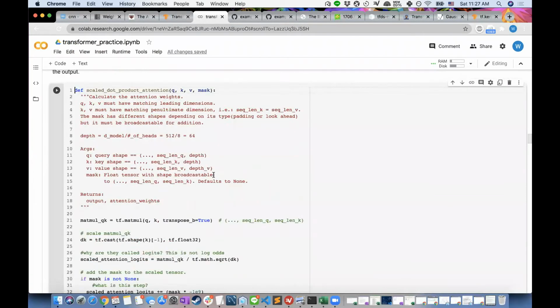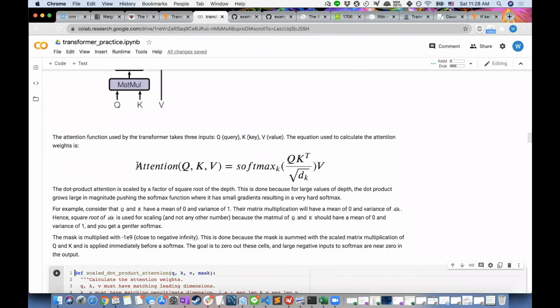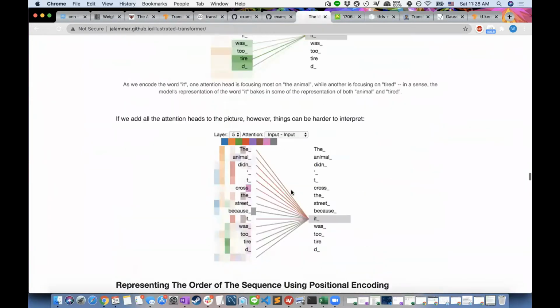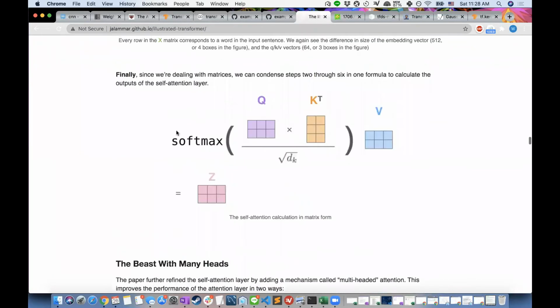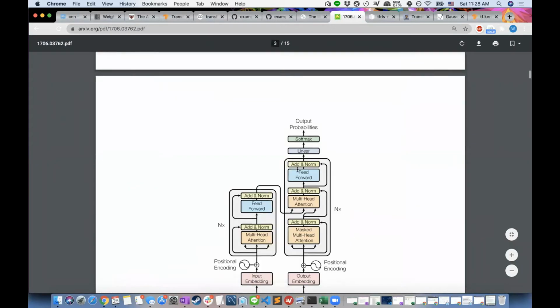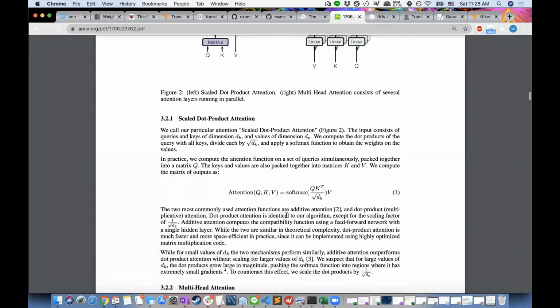Okay. So scaled dot product attention, it's basically this, right? This mathematical formula. And again, if you reference Jay Alammar, it's this, right? And if you reference the paper, it's right here, scaled dot product attention.